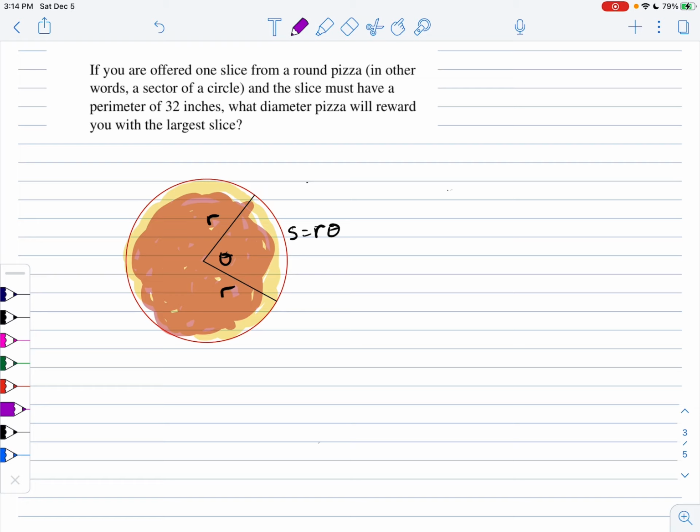If you're offered, and here it says, what diameter pizza will reward you with the largest slice? So we want to optimize the area of the slice. So we want to maximize the area of the slice. Okay, what is our constraint?